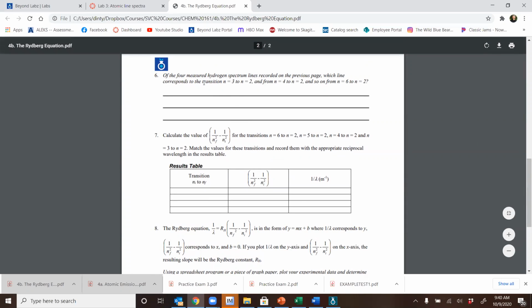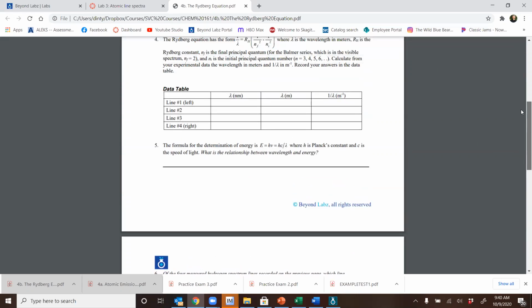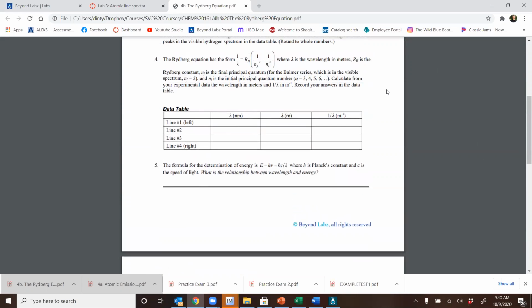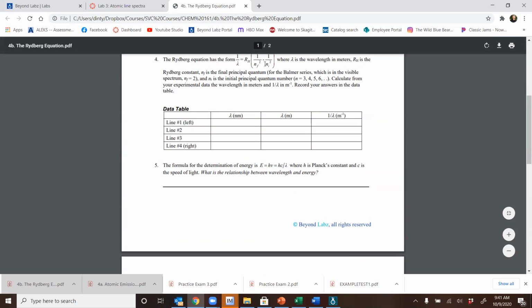which of the lines corresponds to a transition from n equals 3 to n equals 2. So in the Rydberg equation, n sub f here is the place where the electron ends up. We know now that those are shells, all right?